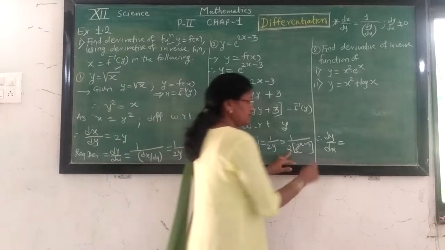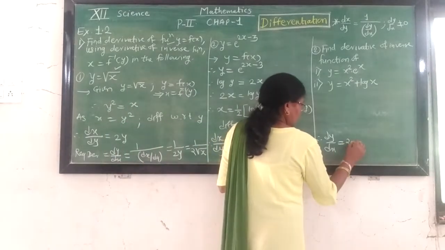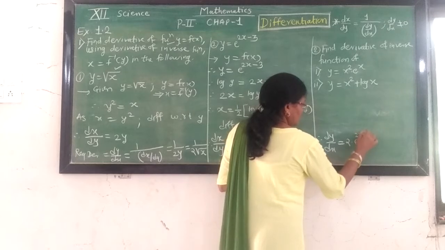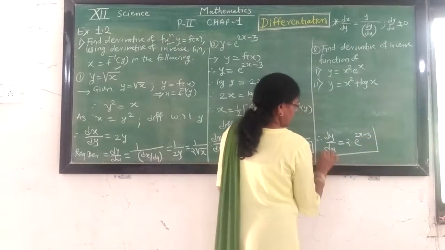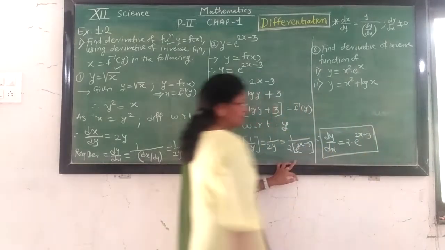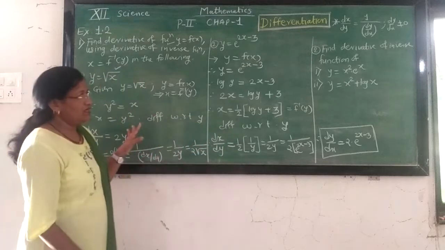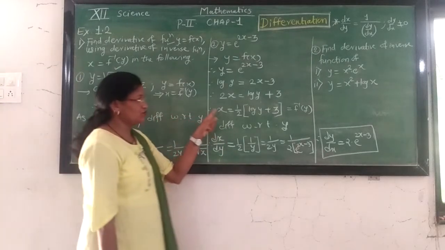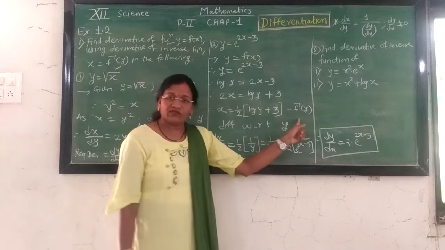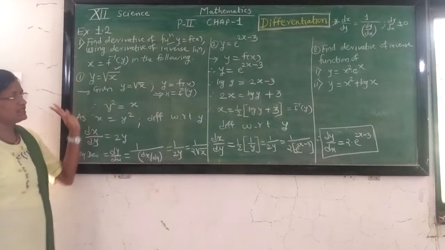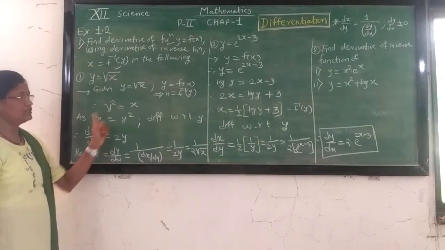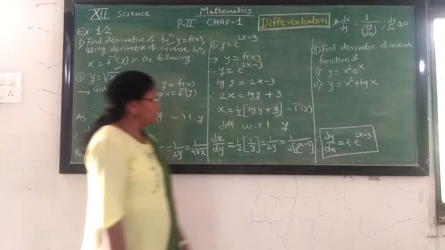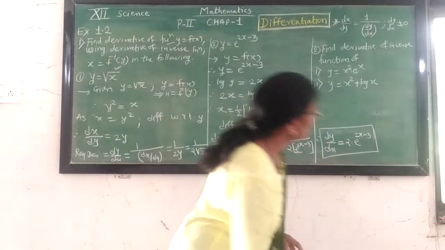So dy by dx is the reciprocal of this, 2 times e raised to 2x minus 3. This is the required derivative. Only for this type can we find the inverse function, and our work is to find the value of x in terms of y. If the instruction is given such a type, then we use the value of x in terms of y.